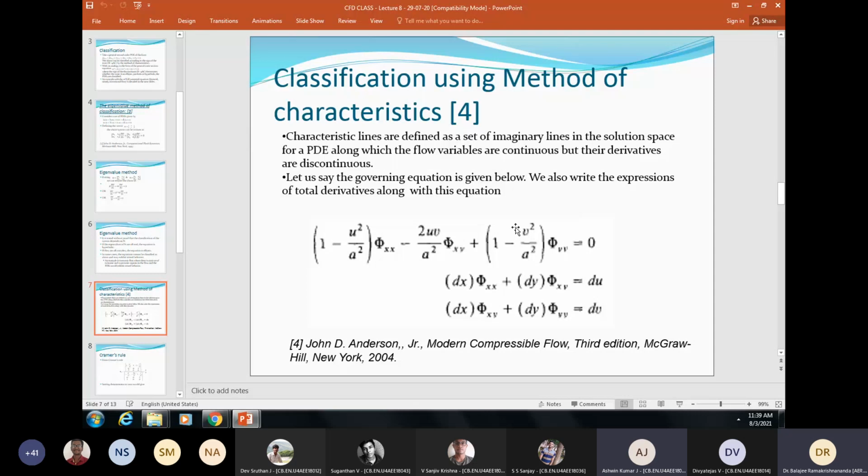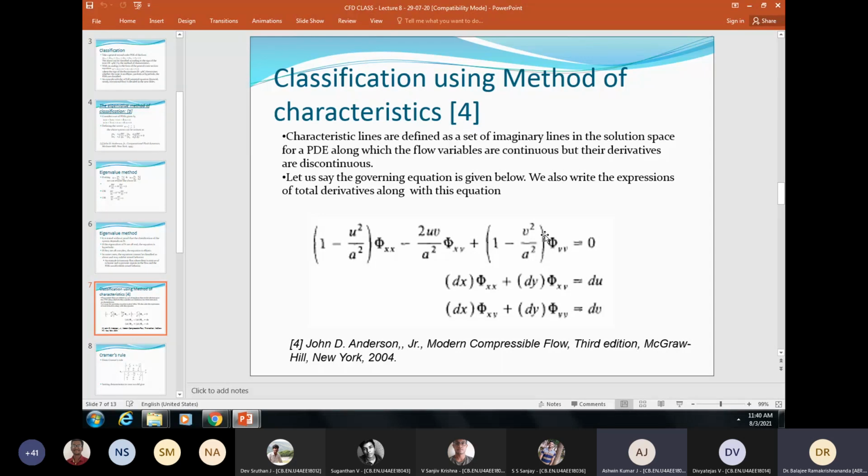Similarly, but unfortunately it is not the Laplace equation. It's not even a linear equation. That equation is the first equation here. So basically it is the potential flow equation for compressible flows.